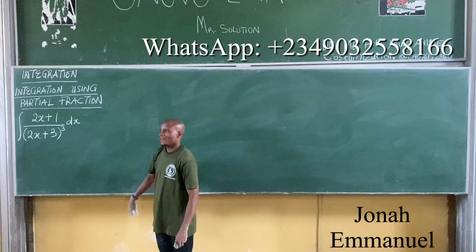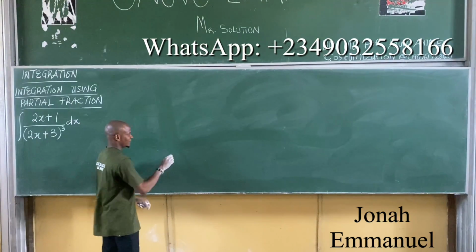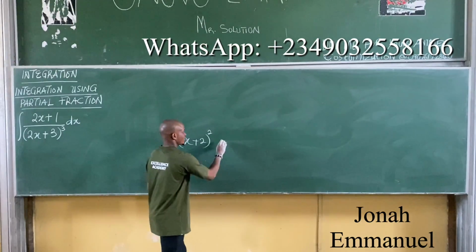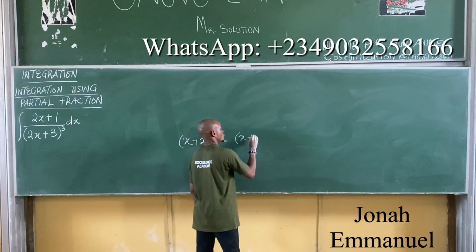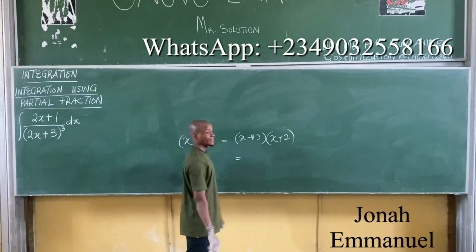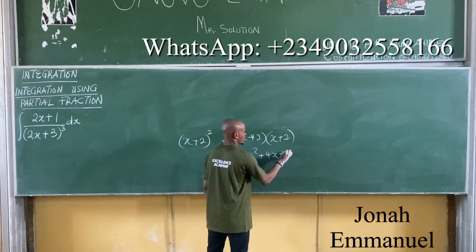For this one here, degree of C. If I have, for example, x plus 2 all squared, this is equal to x plus 2 multiplying x plus 2, which on expansion I'll have x squared plus 4x plus 4.